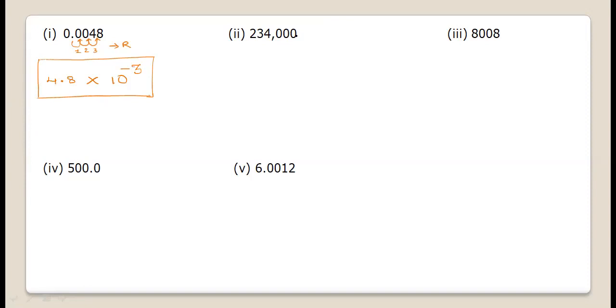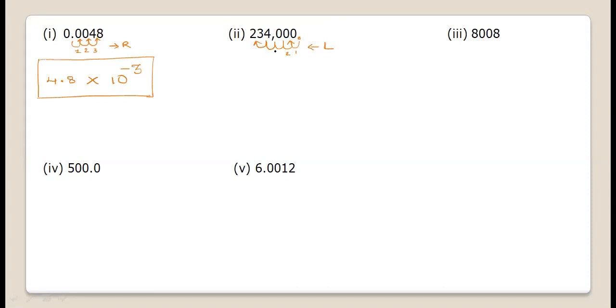Observe here: 2, 3, 4, comma 0, 0, 0. The decimal point will be here, at the ending place. Now to convert this 2,34,000, you need to move the decimal place towards the left hand side. How many places? 1, 2, 3, 4, 5.